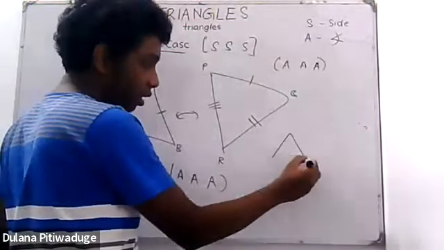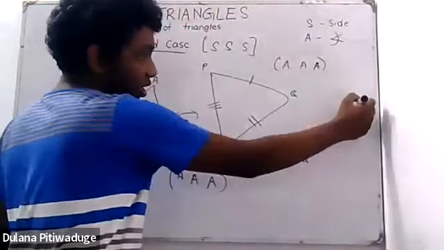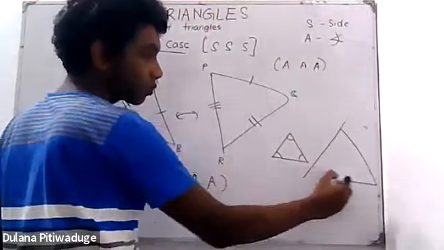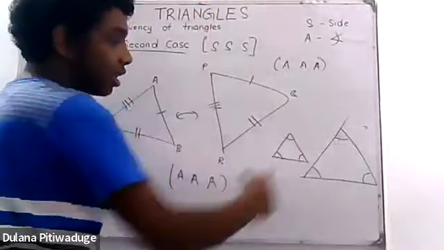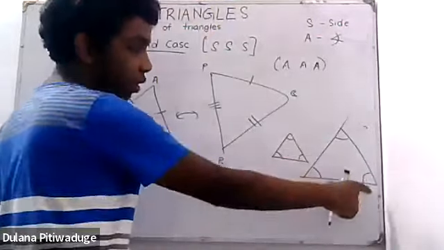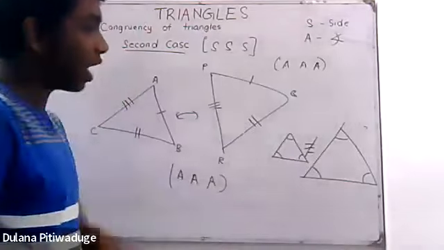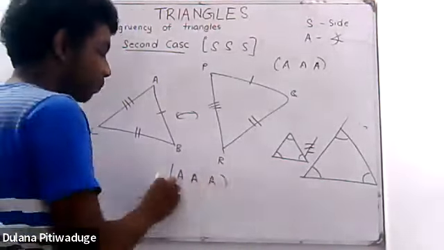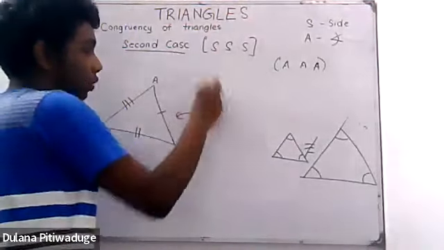We consider an equilateral triangle where all the angles are 60. You can consider a larger equilateral triangle as well, right? Here, the three angles are equal. This angle is equal to this, and this is equal to this. But these two triangles are not congruent, they are equivalent. When the angles are the same in two triangles, the triangles are not congruent, they are equivalent.